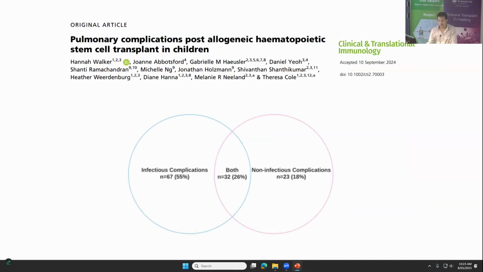More recently, Hannah Walker, one of the transplanters from Royal Children's Hospital, has looked at pulmonary complications in the setting of allogeneic stem cell transplant in Perth, as well as in Melbourne. This was 250 children who underwent allogeneic stem cell transplant between 2016 and 2022. Just under a half developed pulmonary complications, and most of those were infectious complications with some overlap with non-infectious complications.